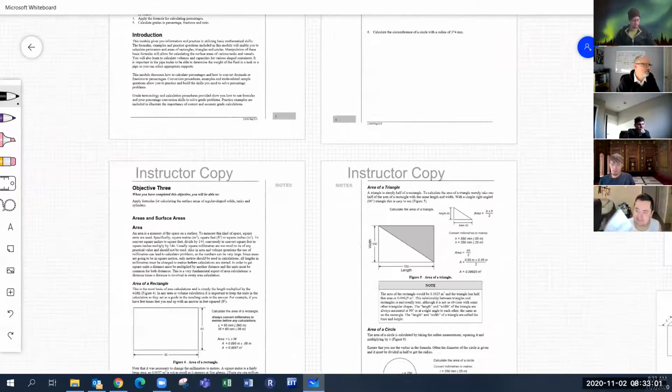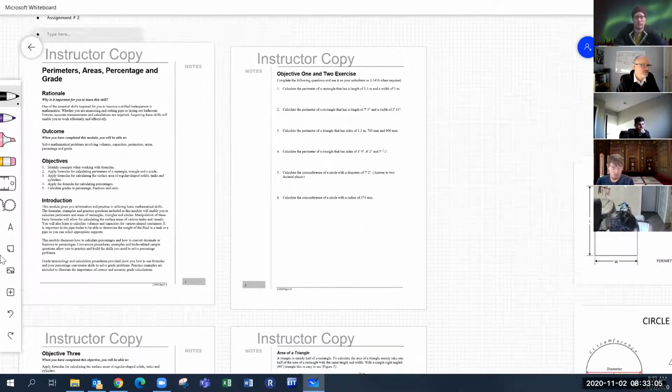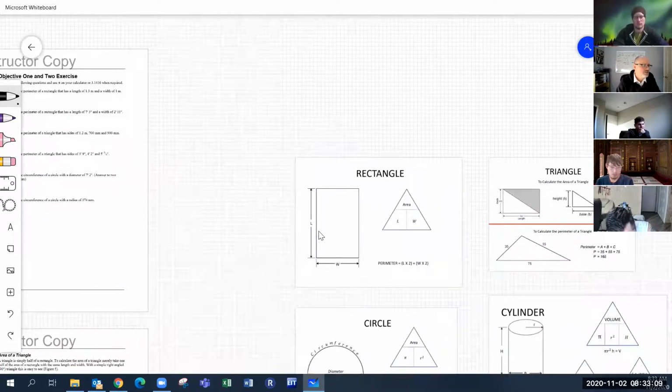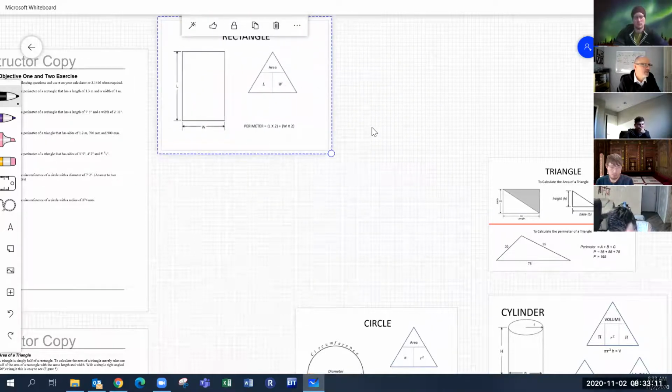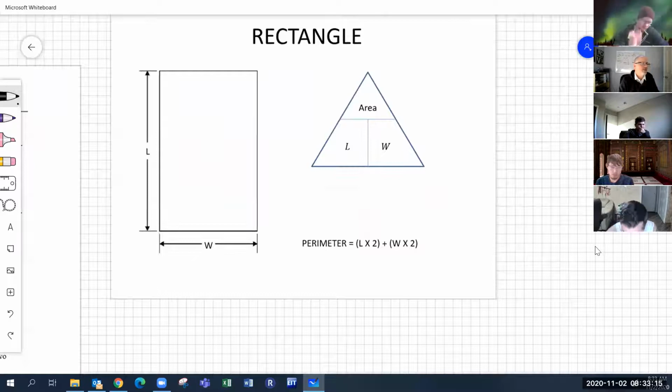We don't need page 2, because I can just start over here. So we're going to start with the area of, say, a rectangle. As you can see, the area of a rectangle is simply length times width.